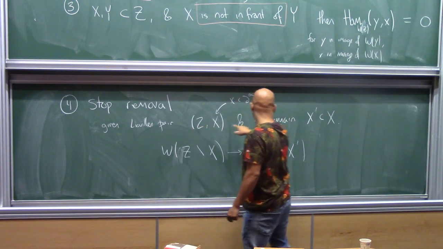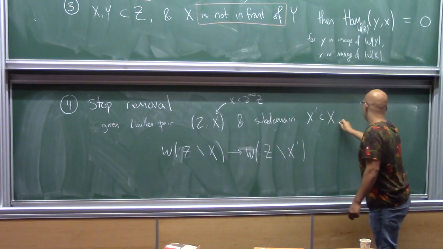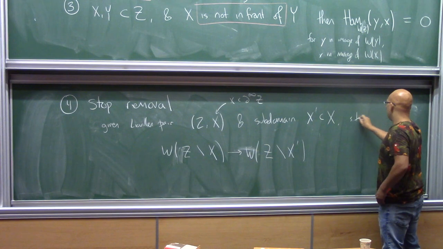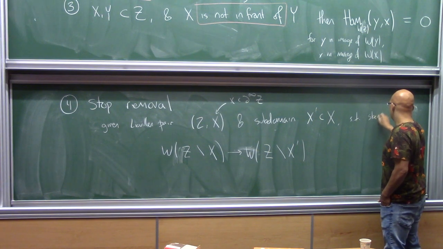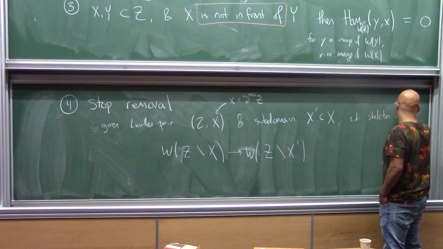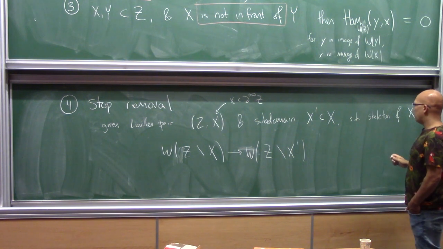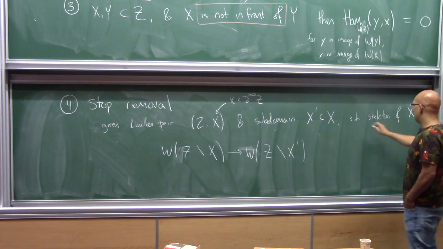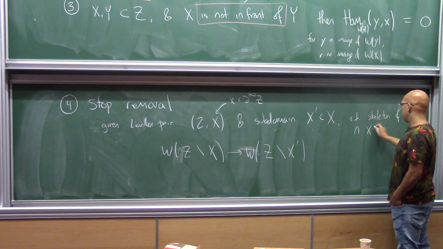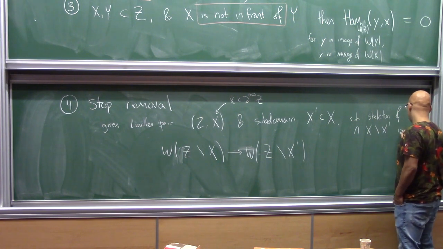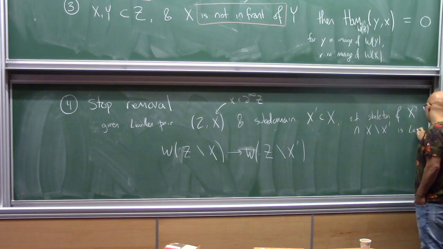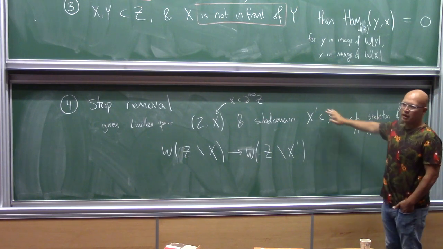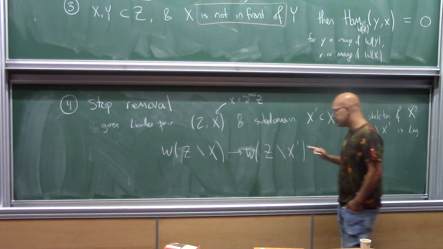So given a Liouville pair like this and a subdomain like this, such that the skeleton of X intersect X minus X prime is Lagrangian. If X is Weinstein, this is automatic.